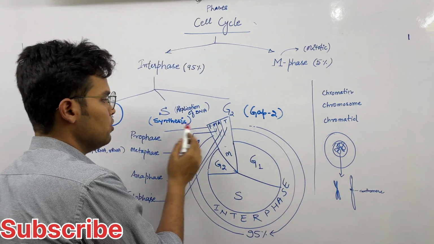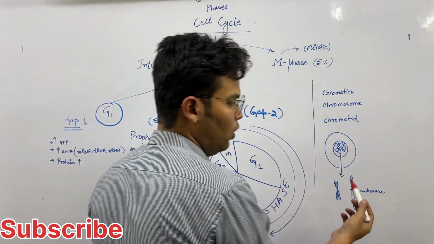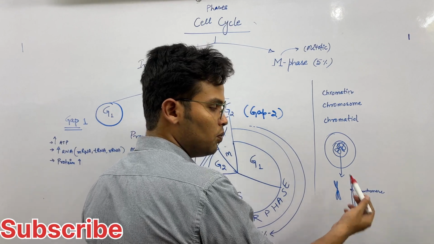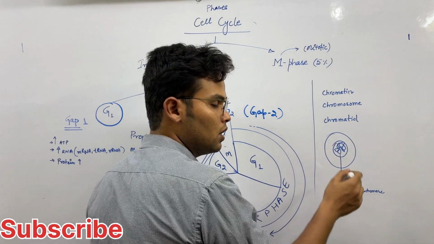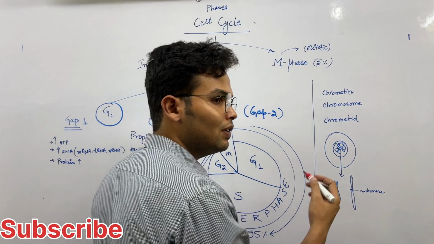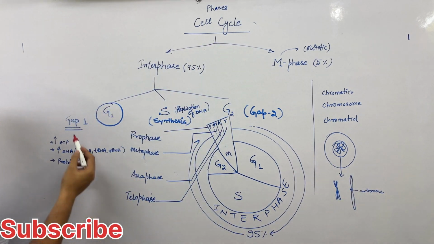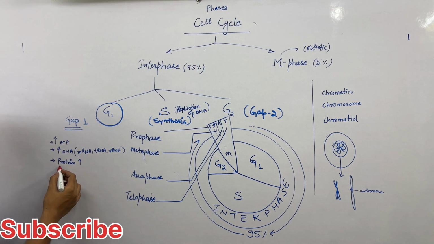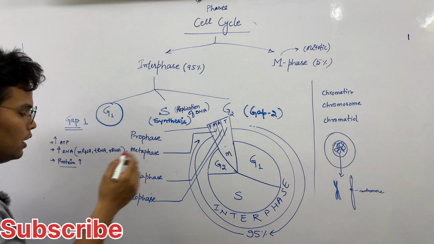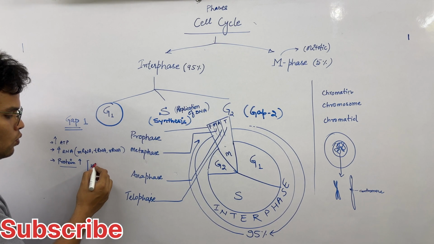That's what I was saying, in the synthesis phase replication of DNA occurs, and we all know that DNA is present inside the chromosomes, and these chromosomes are made up of DNA as well as histone proteins. And I have just talked about how in gap 1 there is an increase in protein, and that protein might be the histone protein also.